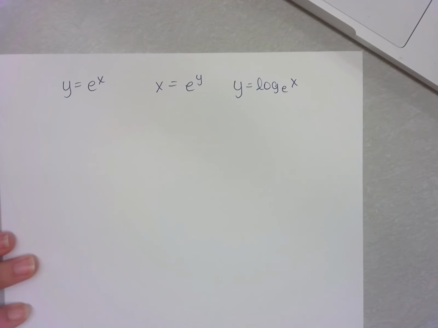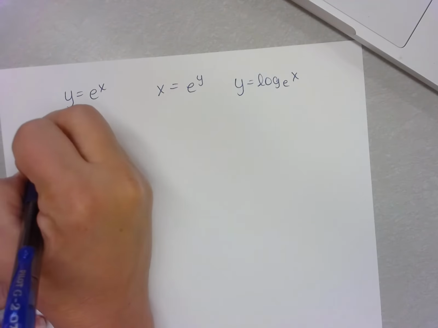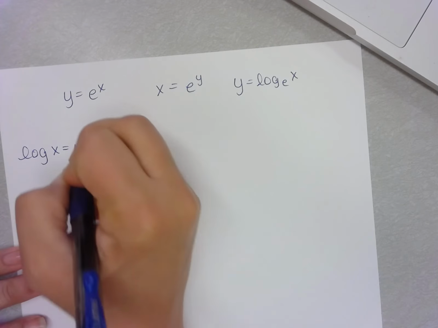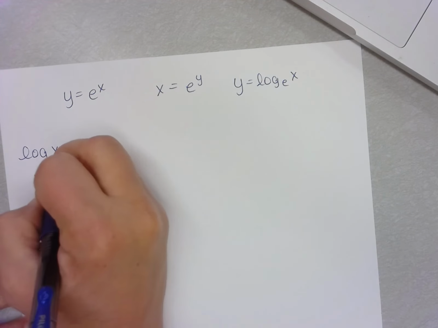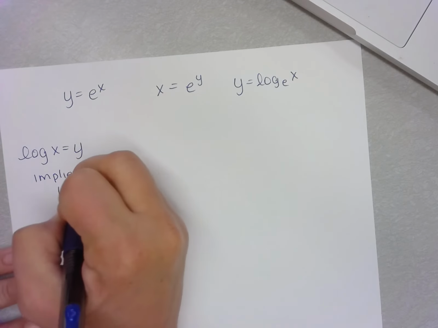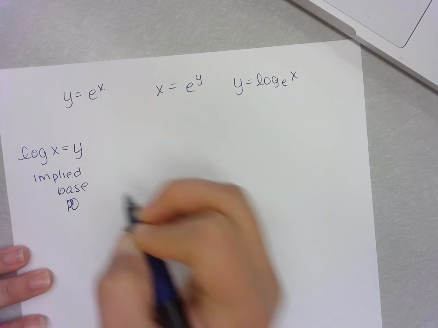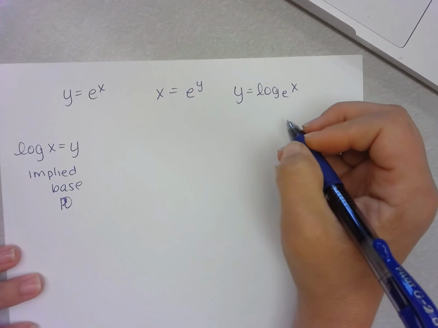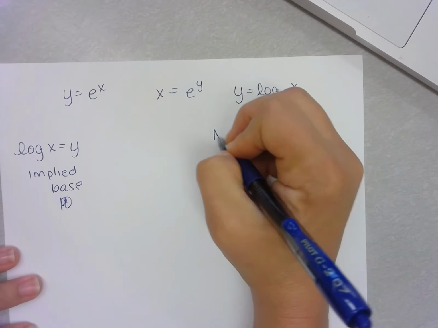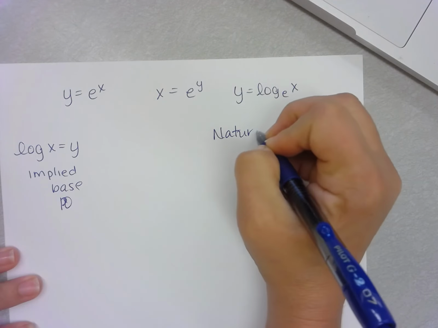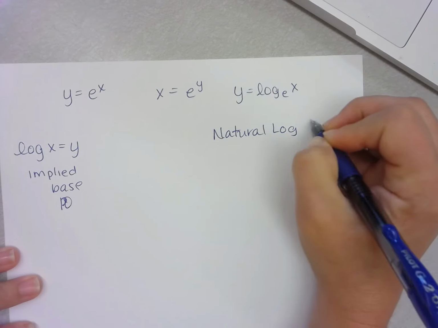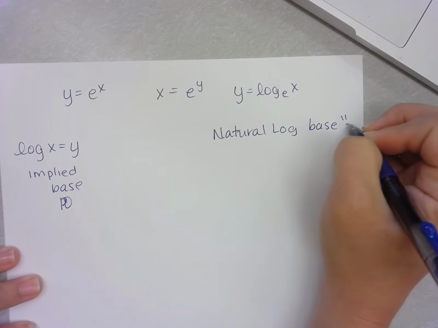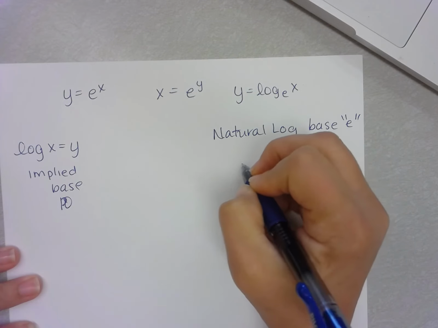Now, log base e. So we use log, right? If I just use log of x, then it's implied it's base 10. Now if I use, this is a new one, the natural log, as we call it, this is base e, and we use ln.